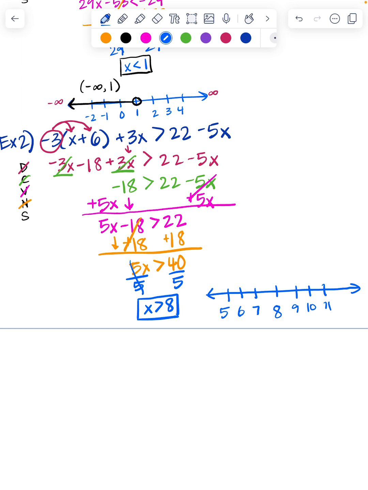And again, this is an open circle, and x is greater than, so it is going to the right. Remember, it's going toward positive infinity, so my interval notation will have positive infinity on the right, 8 on the left with parentheses.